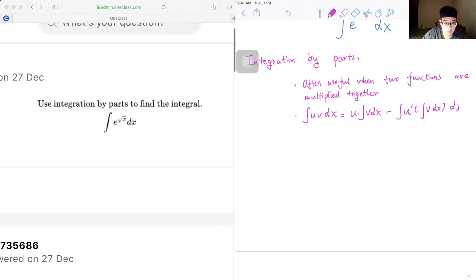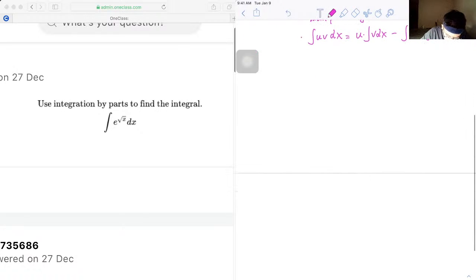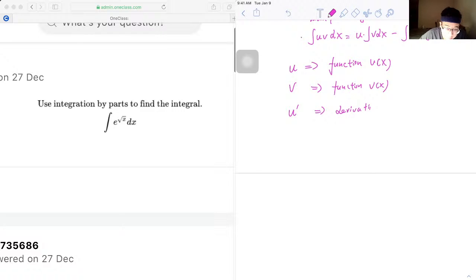So where u is just a function u(x) and v is just a function v(x), and this is the derivative of function u(x).